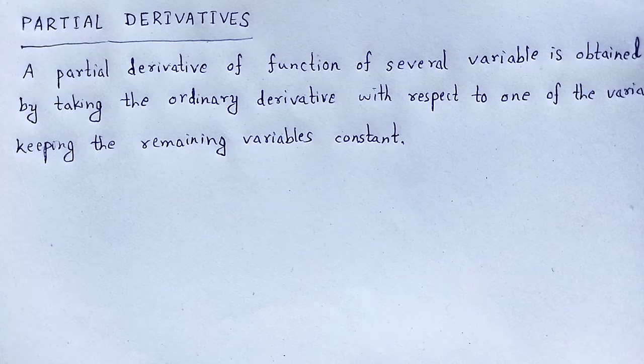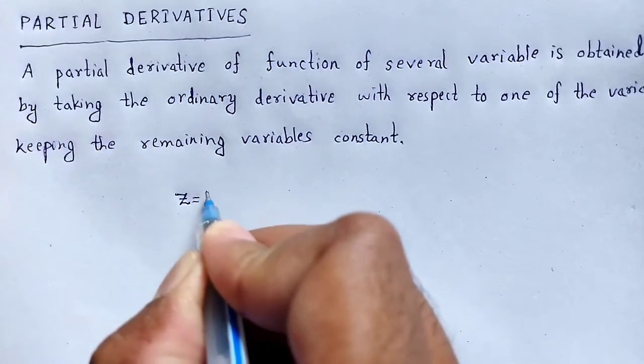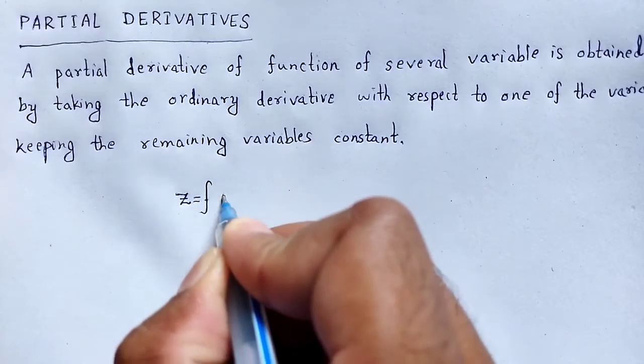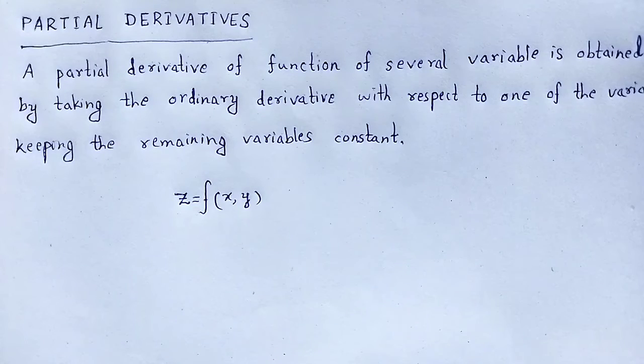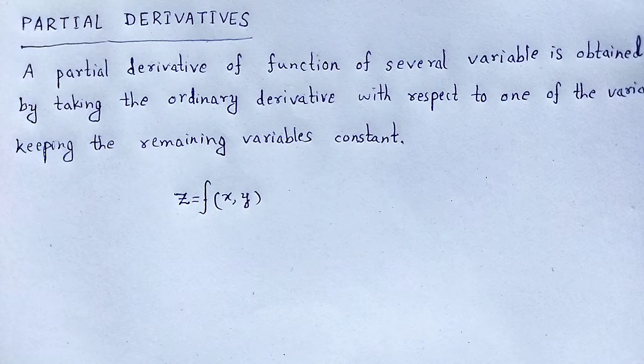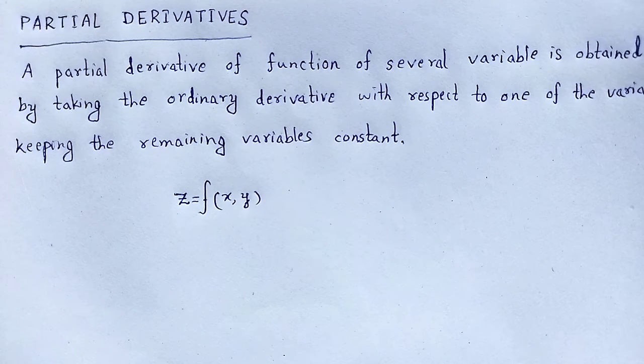It can be easily explained with the help of an example related to a function of more than one variable. We consider a function of two variables. If z is a function of x and y, that is, z is equal to f of x, y, a function of two variables, then we treat y as constant and vary x.